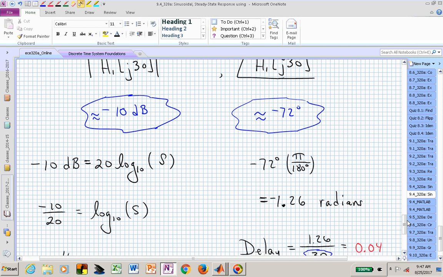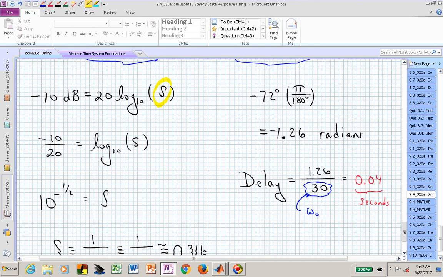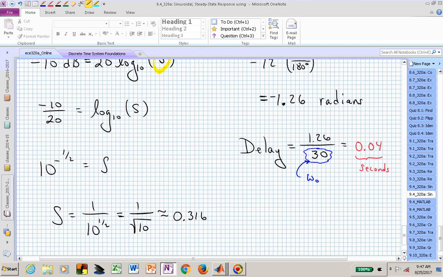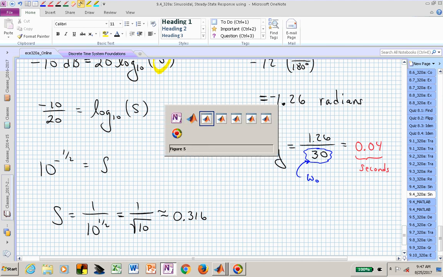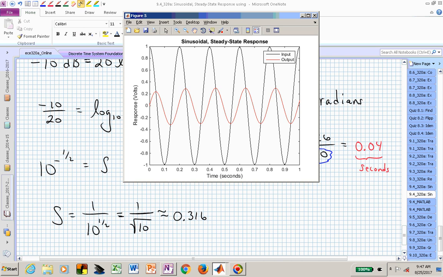The scaling factor, which I'm representing as a capital S, satisfies 20 log base 10 of S equal to -10. If I solve for S, I find that the gain should be down to about 0.316 of where I started, and I started with a gain of 1 in my input signal x sub 2, so I should be down to about 0.3, or 30%, of where I started, and that looks to be about true in my figure 5 in the red curve. I'm about 30% of where I started.